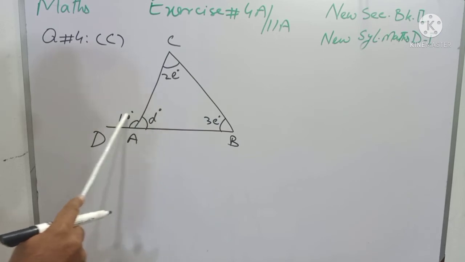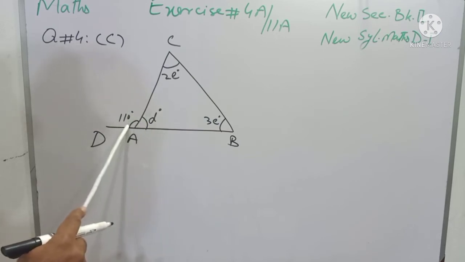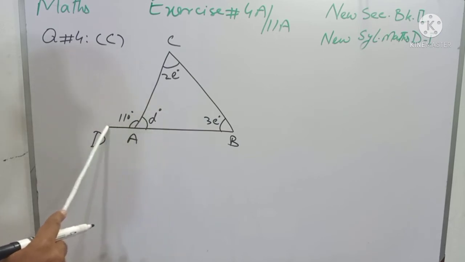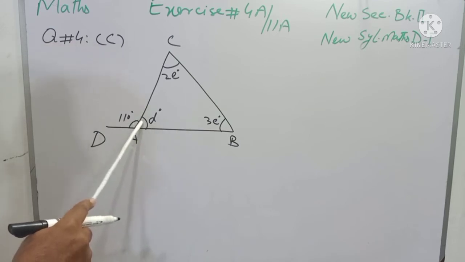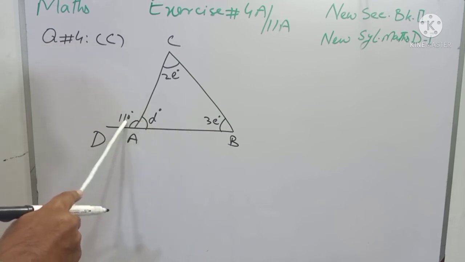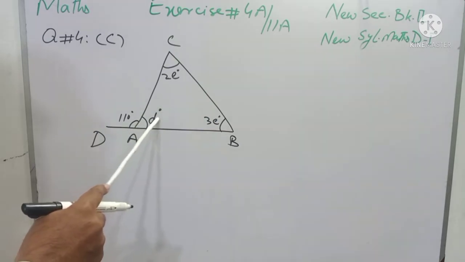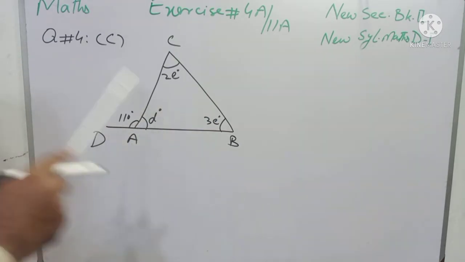So these two angles are adjacent angles on a straight line, and the sum of adjacent angles on a straight line is equal to 180 degree. So 110 degree plus D degree is equal to 180 degree. So in this way we will find the value of D.